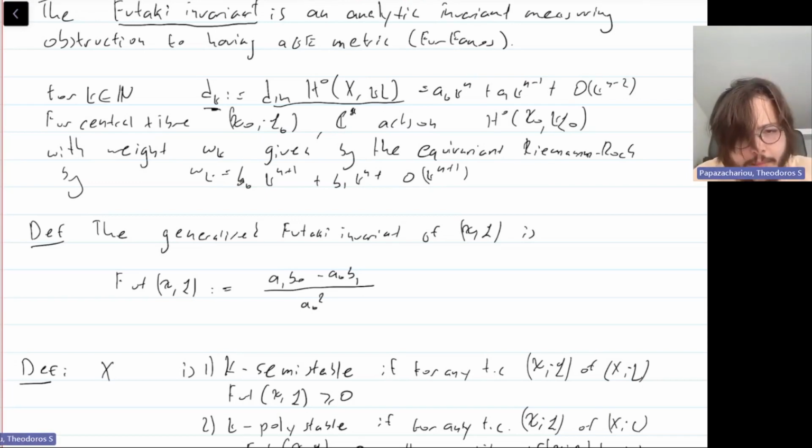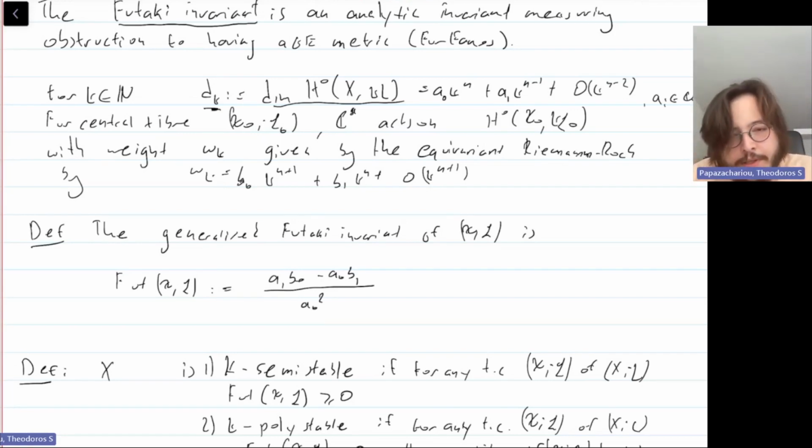And it turns out that you have this expression as a polynomial, where you have these terms a_0 k to the power of n, and then a_1 k to the power of n minus 1, and then lower degree terms, where these a_i are rational numbers.